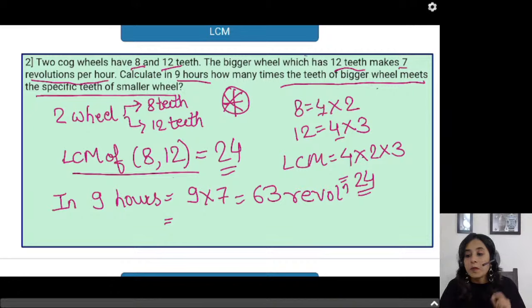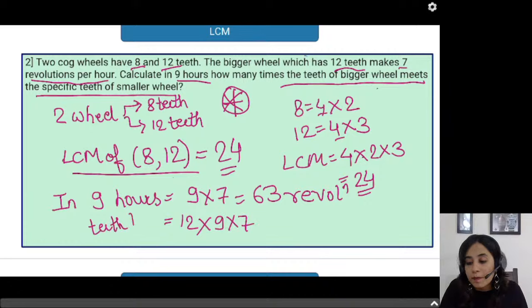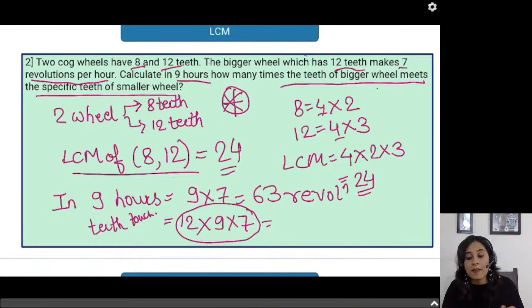This particular wheel has 12 teeth. So the number of teeth touching the ground is nothing but 12 into 9 into 7. So I have this number, 12 into 9 into 7, as the number of teeth that touch the ground.